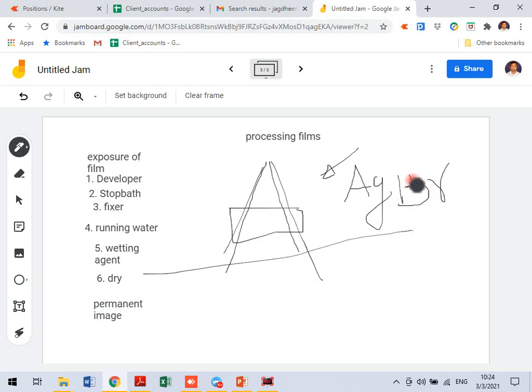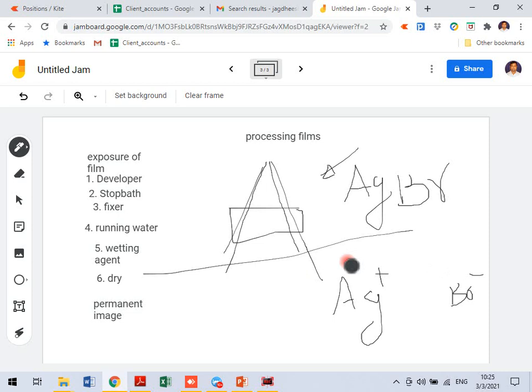Ag is silver, Br is bromide. When exposed, the bond breaks: Ag plus and Br minus. When radiation passes to the film, it happens. Ag plus and Br minus separate. Correct. Okay.